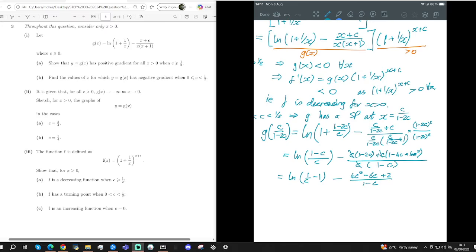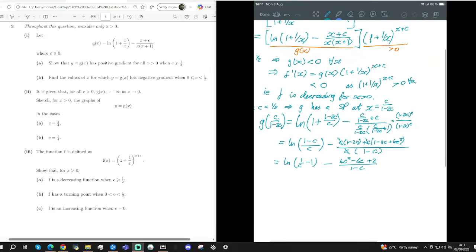And it's not looking like there's an easy way to show it's positive without doing a lot more work. Now we have been told to show those as stationary points, so this thing does have to be positive.